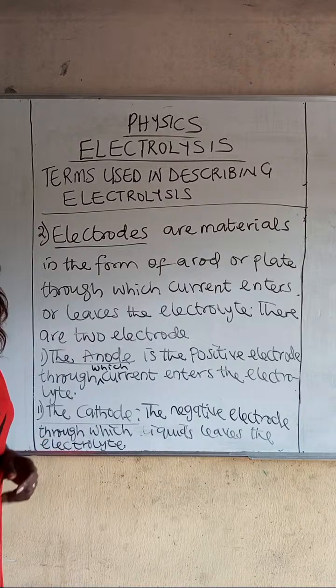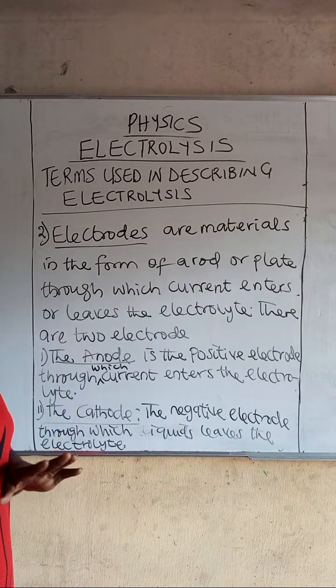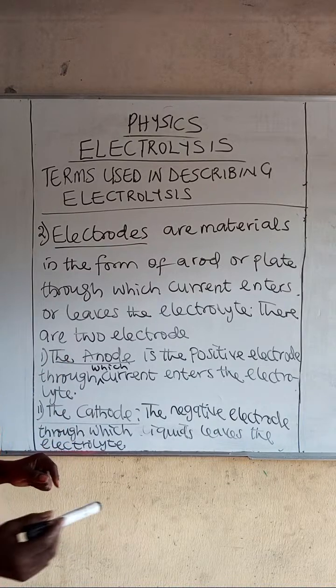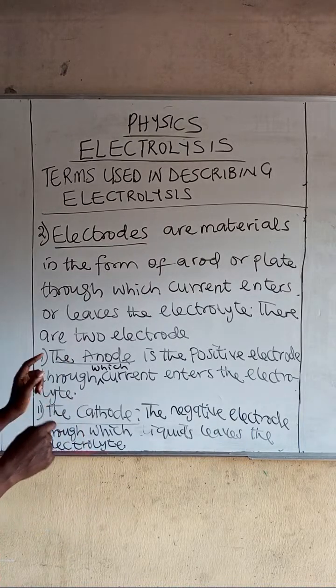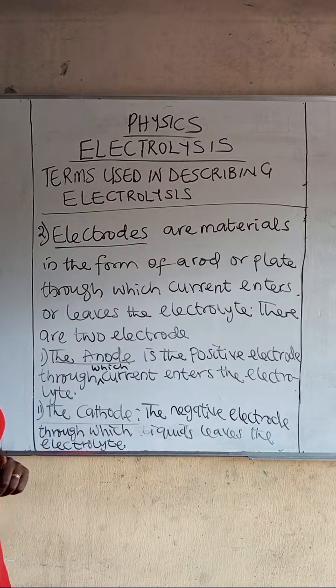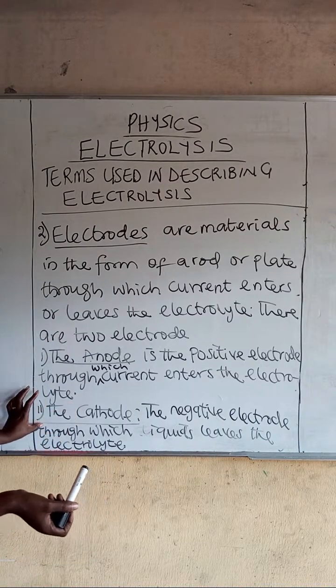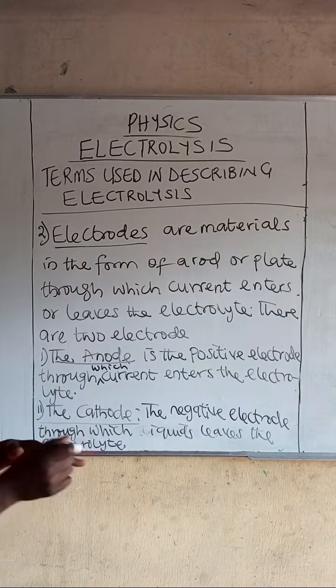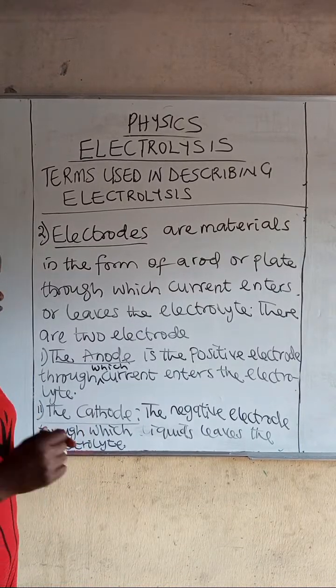Now, we have two types of electrode. One is the anode. Anode is a positive electrode through which current enters the electrolyte. Number two, cathode. Cathode is a negative electrode through which current leaves the electrolyte.